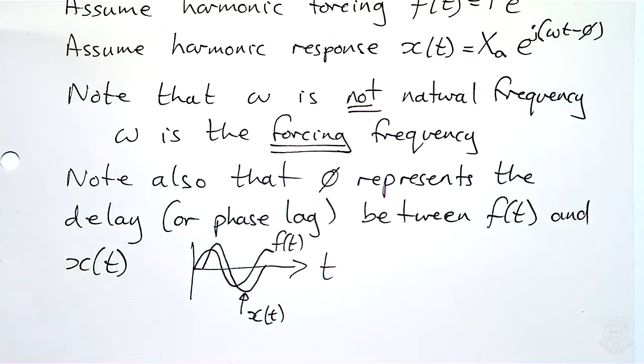It means if you start shaking something, it takes a little bit of time for it to kind of respond, okay? Usually, that's what normally happens. So there's this sort of delay or lag between when you start shaking it and the actual shaking signal and the response, okay? And so we represent that with this thing phi.